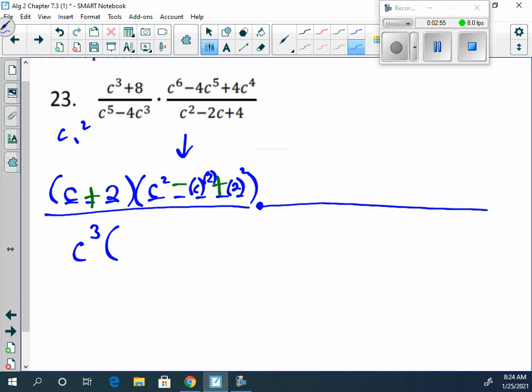Now, if I factor c to the third out of c to the fifth, I'm left with c squared minus, well, we didn't do anything to the 4, so it stays. And c cubed factors out completely. So we're left with c squared minus 4.